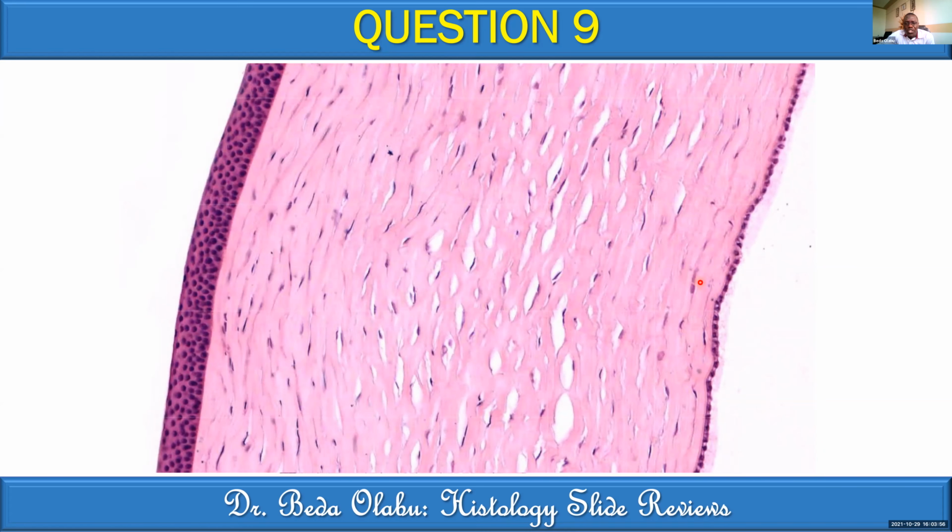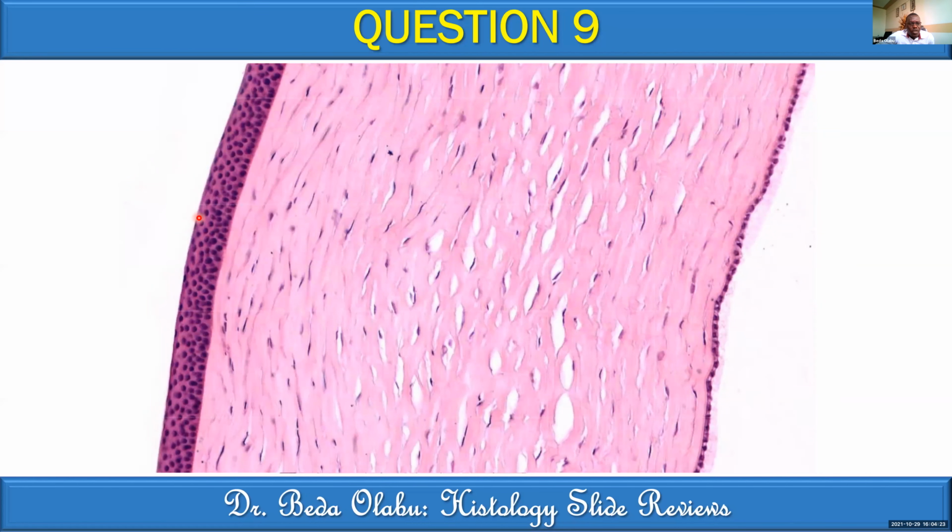On this magnification, we see 2 epithelial linings. First, we agree they are epithelia because the cells are compacted and they are on the surfaces. On one end, the left-hand side, we see stratified squamous epithelium, which is non-keratinized.